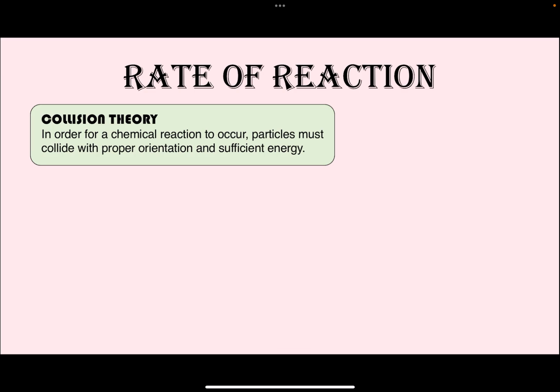So if they are not colliding with each other with proper orientation or with proper amount of energy, then we do not have effective collisions, and so the reaction does not occur. So we need the proper orientation and sufficient energy for effective collisions.